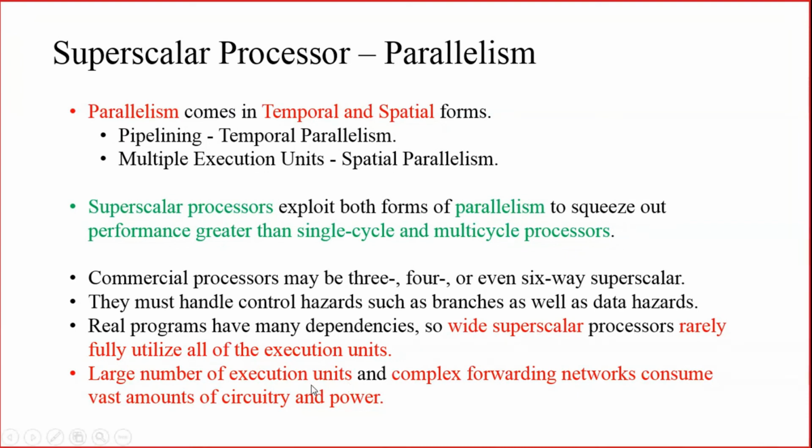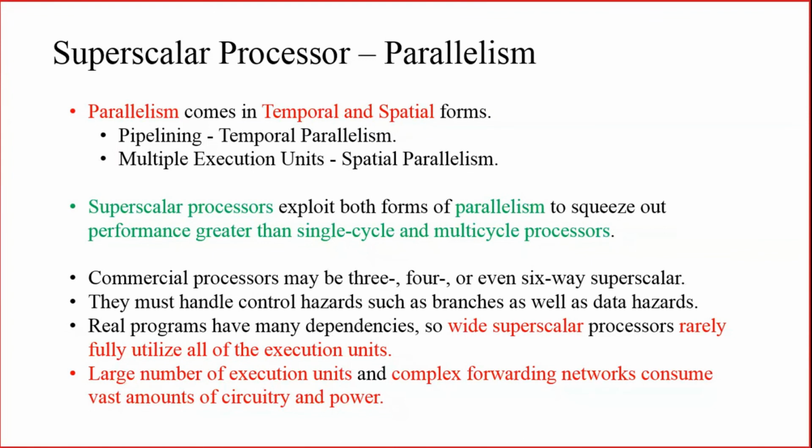Then a large number of execution units and complex forwarding networks will consume more power. In the case of a 6-way superscalar architecture, more complex forwarding has to be done because 6 instructions will be taken in parallel.